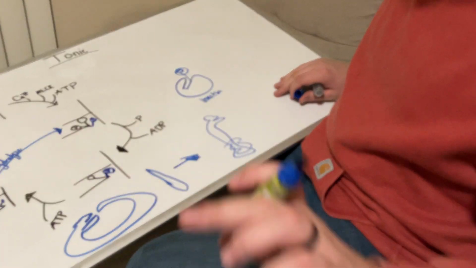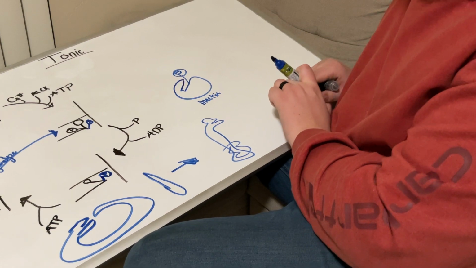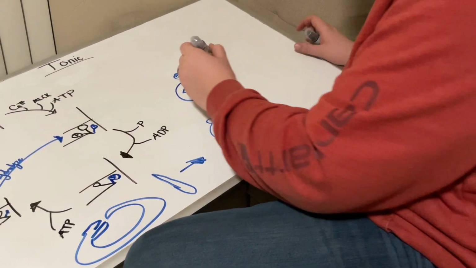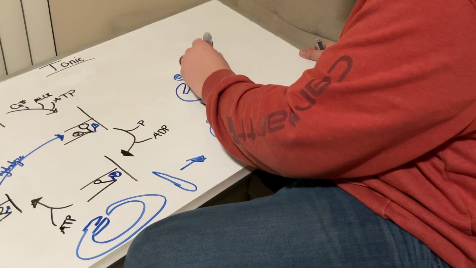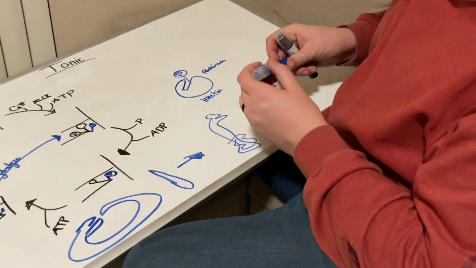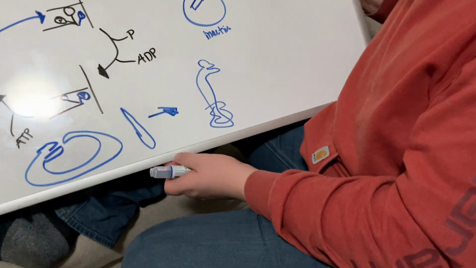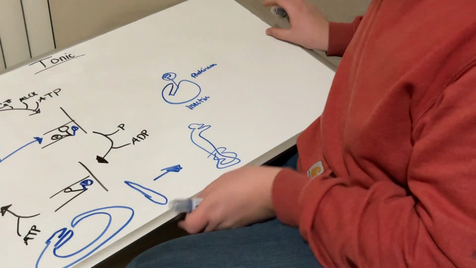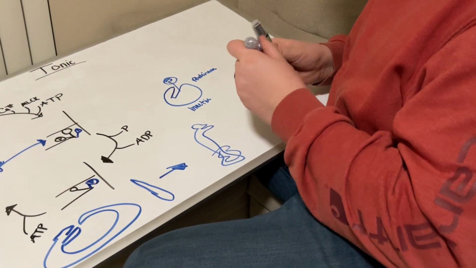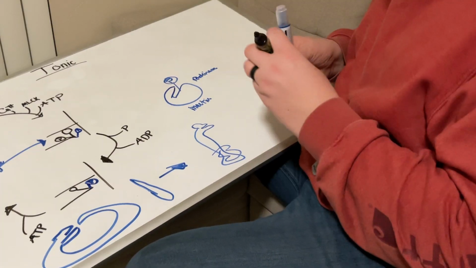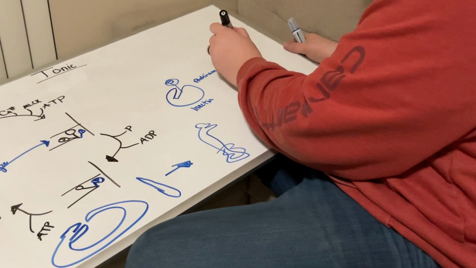So if a phosphate's not added, then it won't work. So yeah, there's rho kinase. It will add on that phosphate to the MLCP. And then let's draw it active.